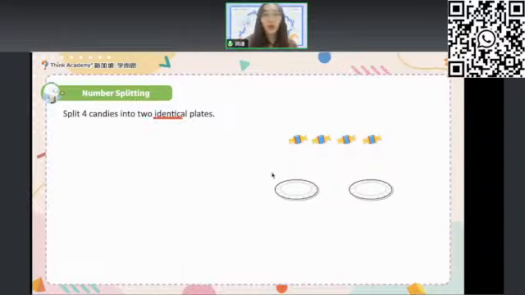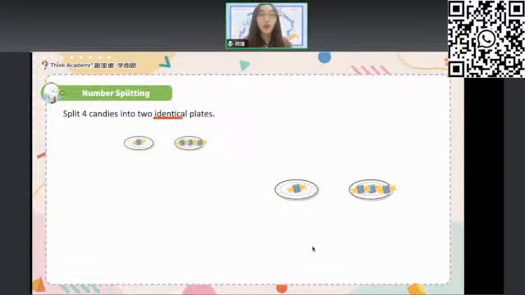What's the meaning of identical? That is actually they are totally the same, right? So here, when you see the keyword identical, we also get the information that the order doesn't matter. Let me show you. For example, the first way I just put 1 and 3 separately. And for the second way, maybe I just split 2 and 2, right?